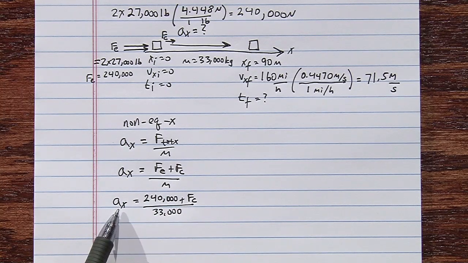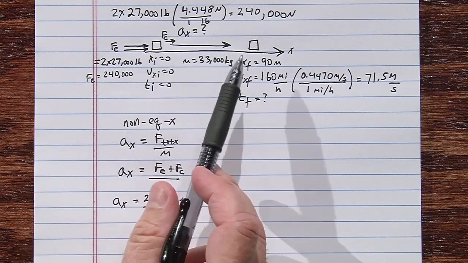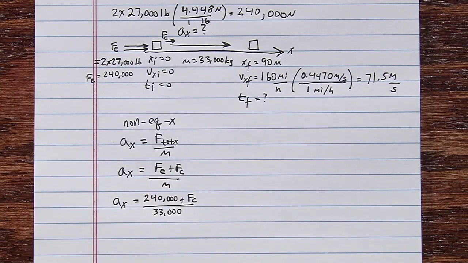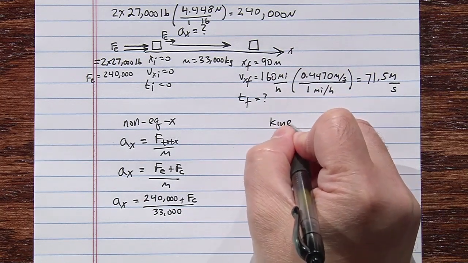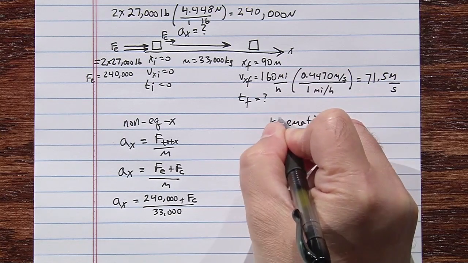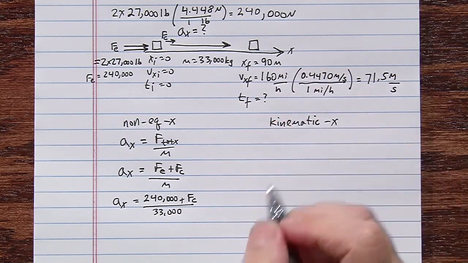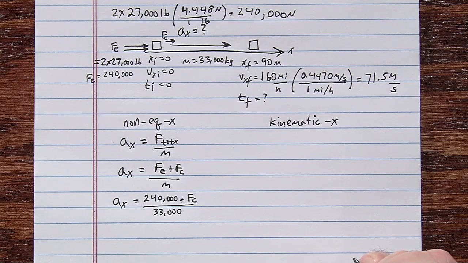And that's all that we can do right now, because we have one equation with two unknowns. We have the force of the catapult, which is what we're looking for, and the acceleration in the x direction, which we don't know. Well, what do we do here? From your experience, you should know that we can find the acceleration by also treating this as a kinematic situation. We have an object changing its position and its velocity over time. So this would be a kinematic x situation.